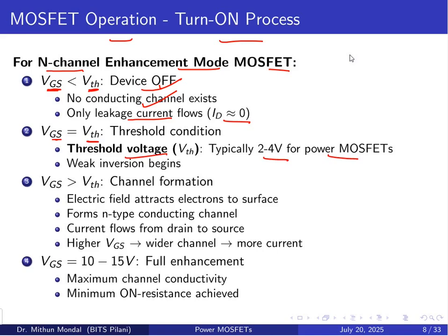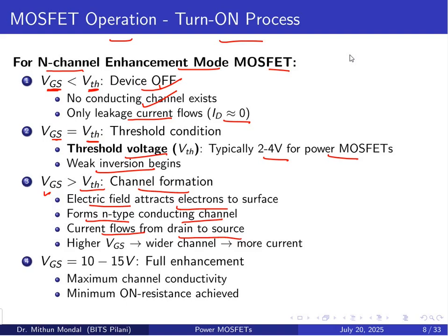here you have the weak inversion, where the channel will begin to conduct. So when VGS, the gate to source voltage, is more than the threshold voltage, you will have the channel formation. Electric field will attract the electrons to the surface. It will form the N-type conducting channel, and as a result, the current will start flowing from the drain to source.